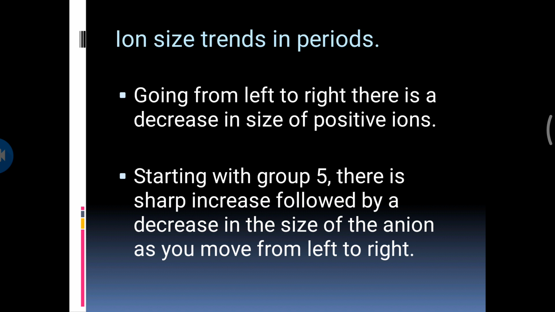If we go from left to right, there is a decrease in the size of positive ions, starting with group 5, that is from boron, carbon, nitrogen, etc. At group 5 there is a sharp increase, followed by a decrease in the size of anions as you move from left to right.